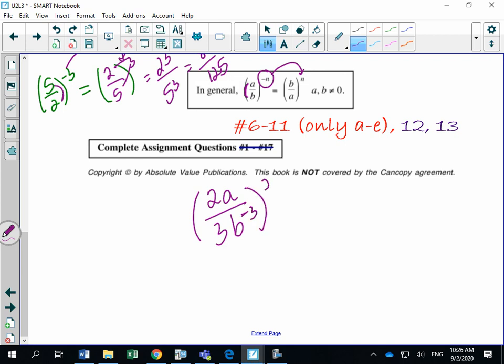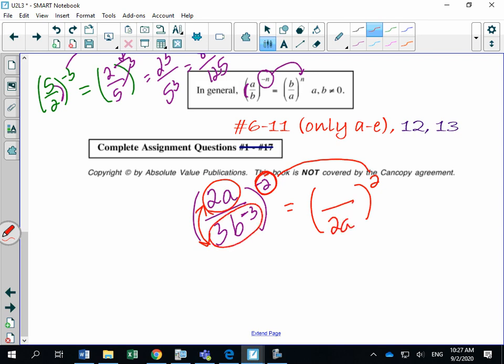And I said, put that all to the power of negative 2. So the first thing you do is you say, okay, I have a negative 2 here. In order to go from a negative 2 to a positive 2, the only thing I have to do is take the reciprocal. So this 2a is now my denominator, and this is in my numerator.